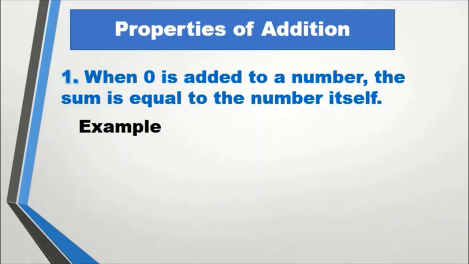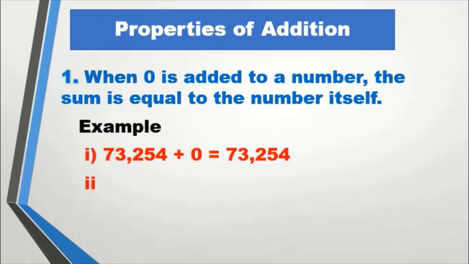Now let us see an example. 73,254 plus 0 is the number itself, that is 73,254. The second one, when 0 is added to 81,675, what will be the sum, children? You are right, it is the number itself, that is 81,675.